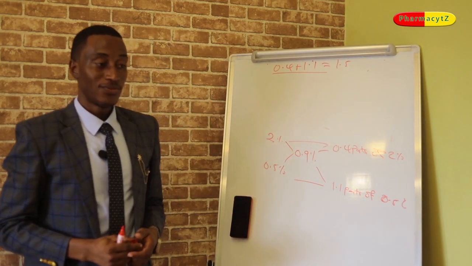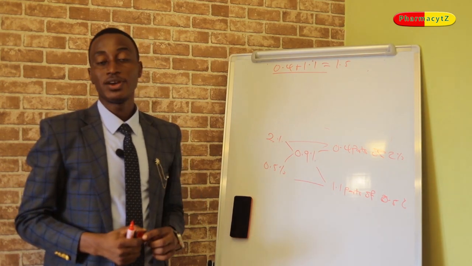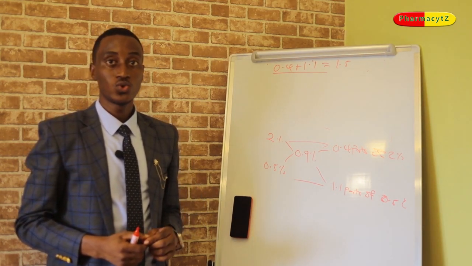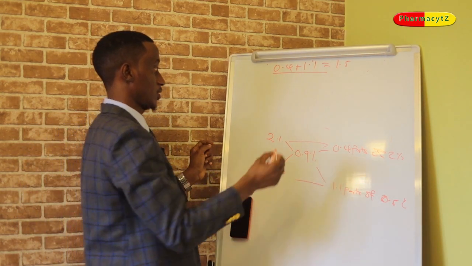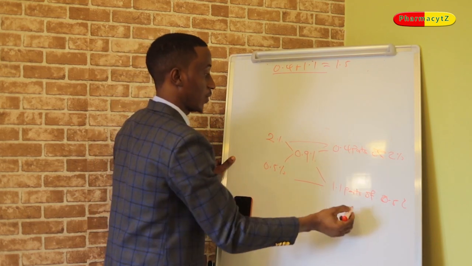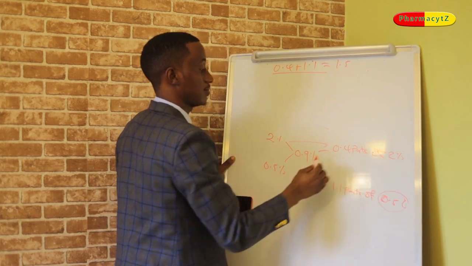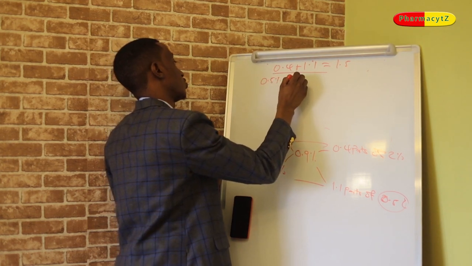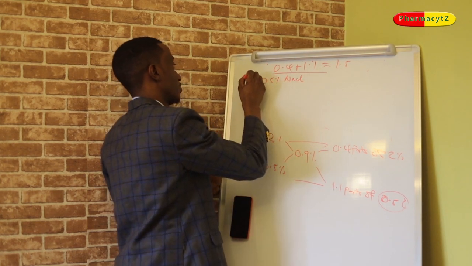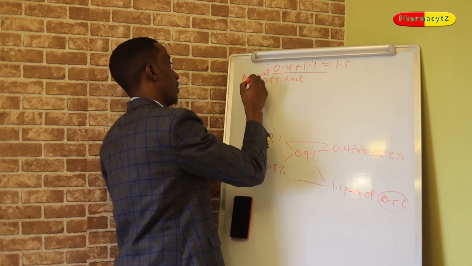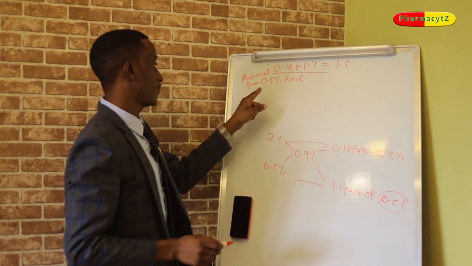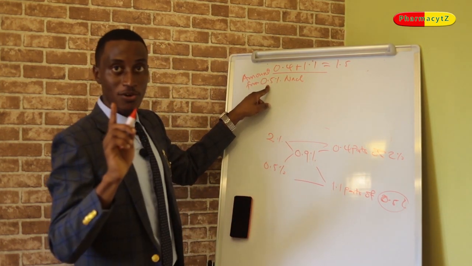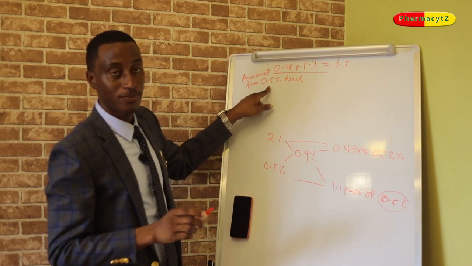To know the exact volume of a 0.5% sodium chloride to use, this is how we are going to do it. So from 0.5% sodium chloride, consider the number of parts of 0.5%.